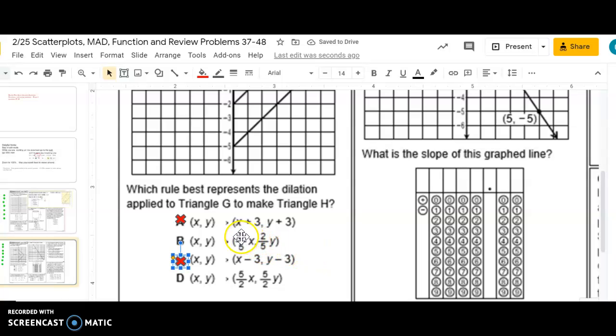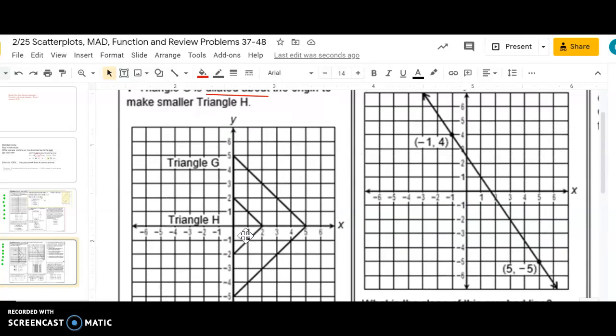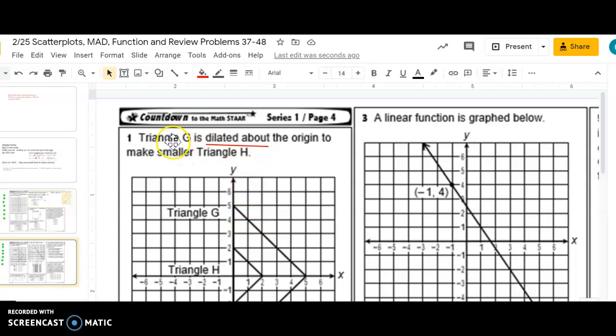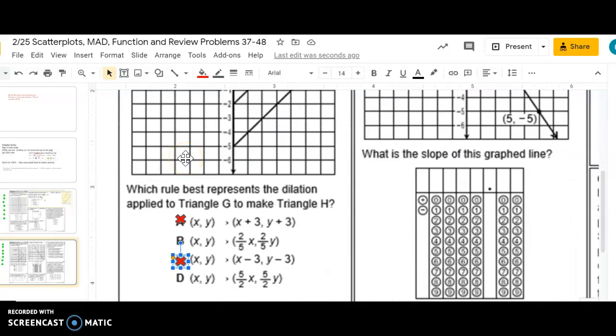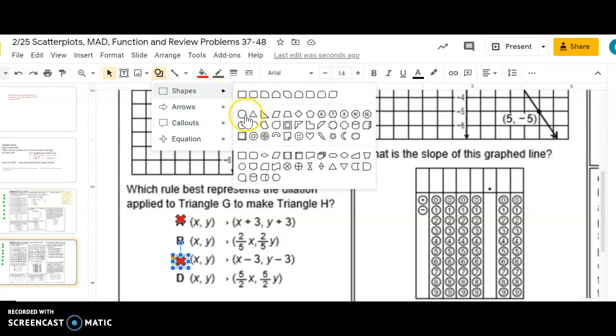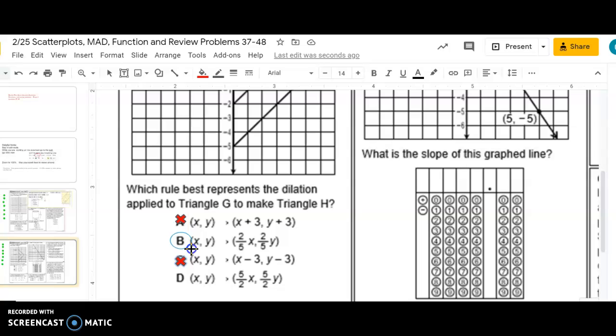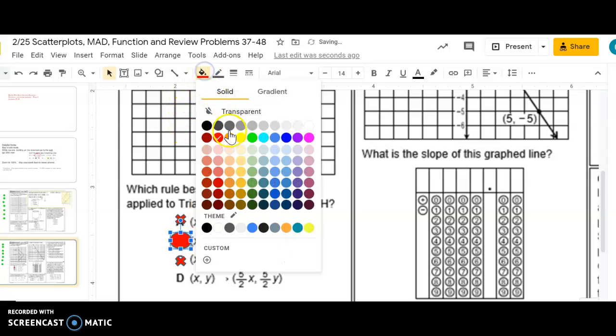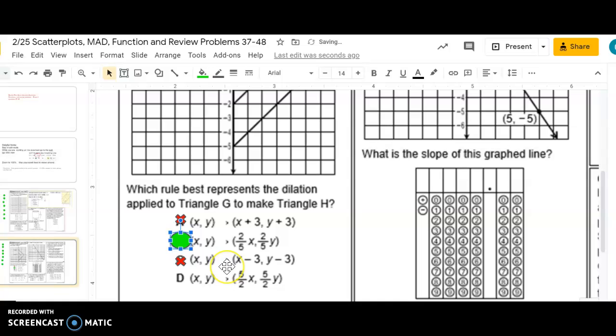Then I look at the answers, and that's 2/5 and 5/2. So that means, which way am I going? Am I getting smaller or am I getting bigger? And then it says triangle G is dilated to make smaller. So I want smaller, and smaller means less than 1. And so the answer turns out to be B, because that's the smaller. That's how you get smaller.